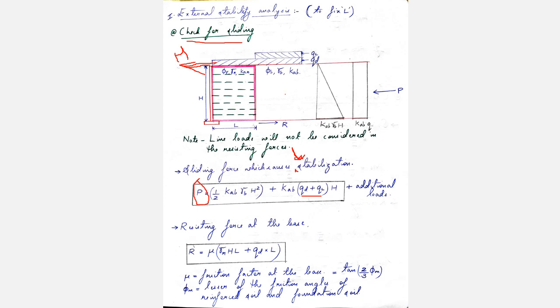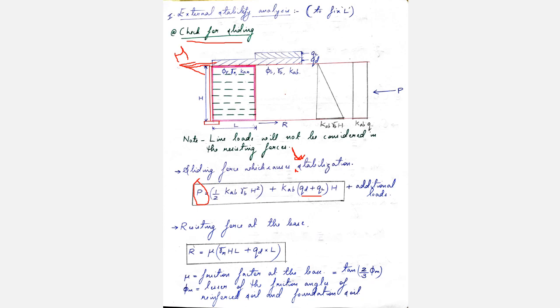That is gamma R into H into L plus QD into L. That will give you the resistance force. So totally it will be the resistance force into the friction factor.